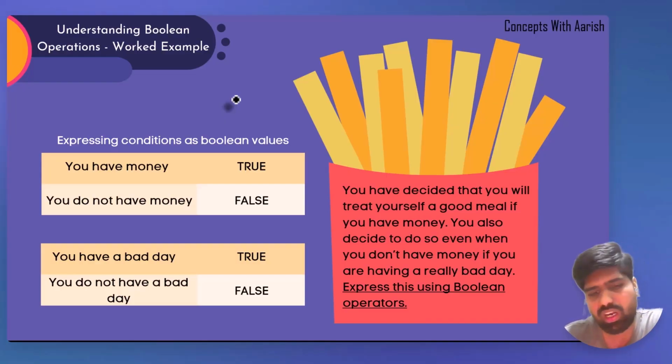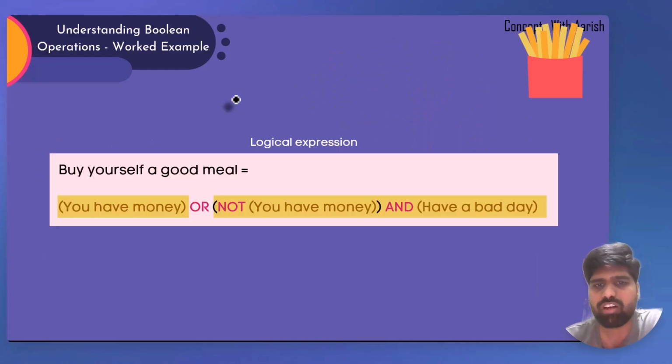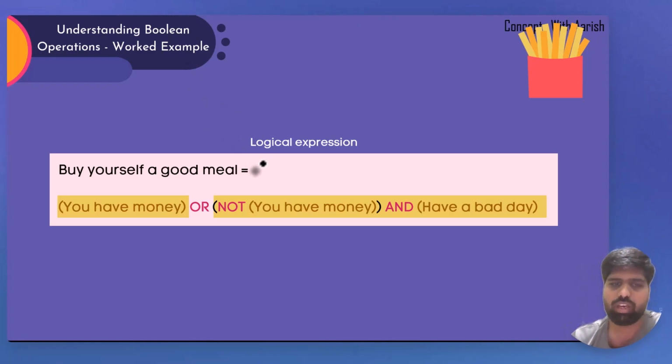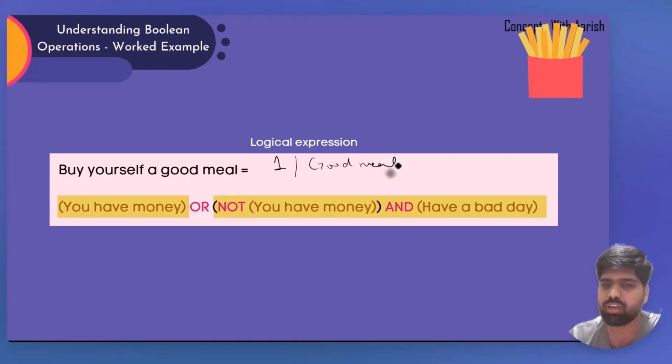On the other hand, if you are having a bad day, then again you can have a good meal. But if you are not having a bad day, then you don't have to have a good meal. So if you convert this into a logic expression, it works in such a way. You have money, so basically you're going to produce a 1, a good meal, in this particular scenario.